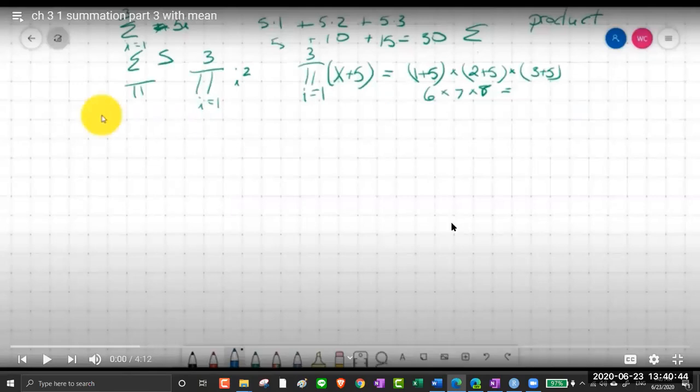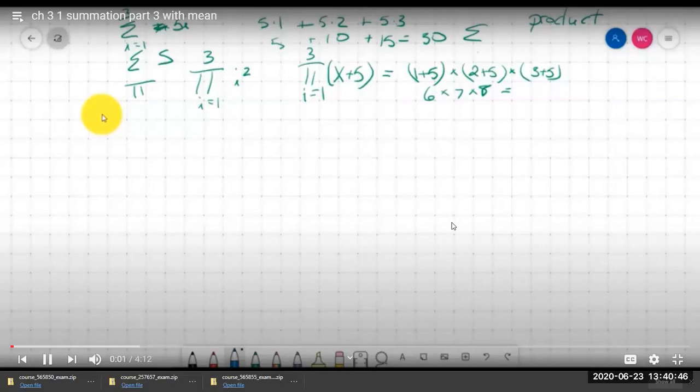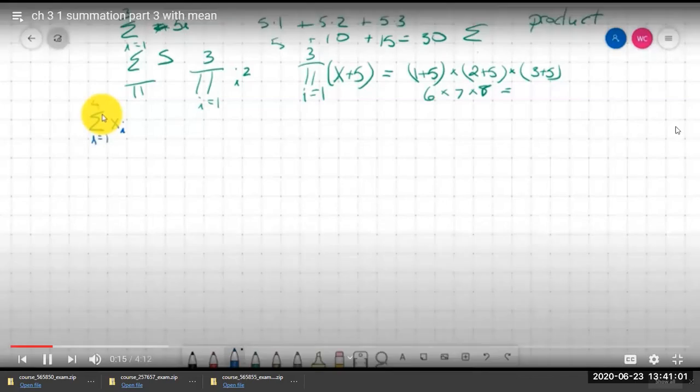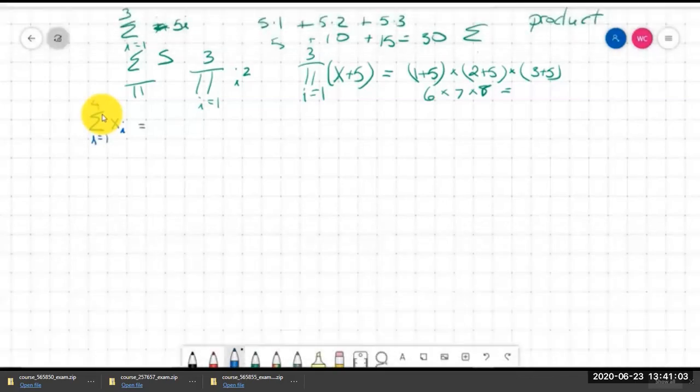Okay, so now we know what this means. Let's try this one: the sum of Xi, i equals 1 to 4. It's the same thing. We put in i equals 1, so we get x1.